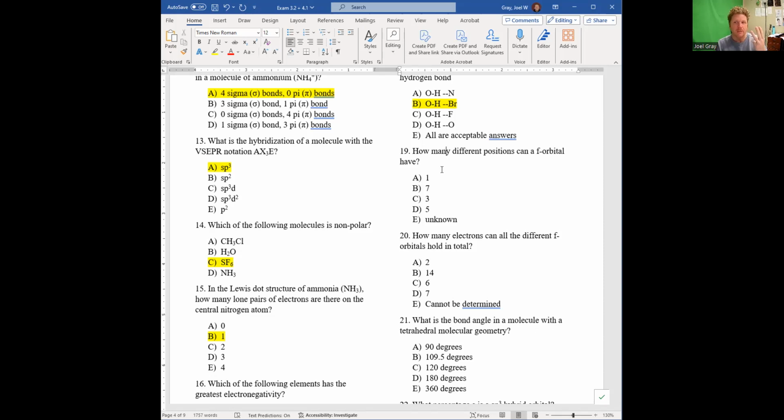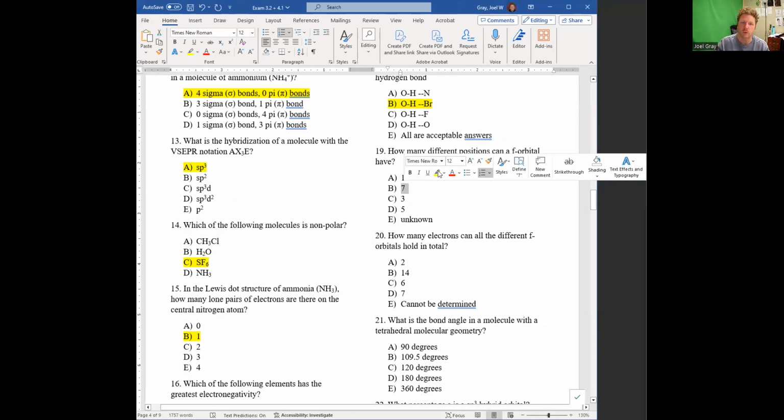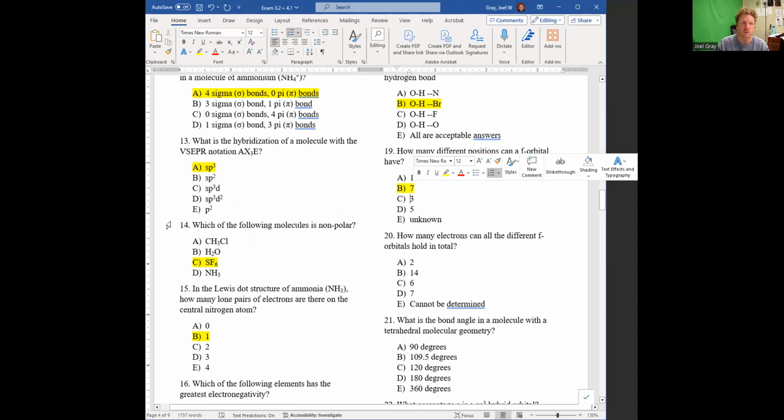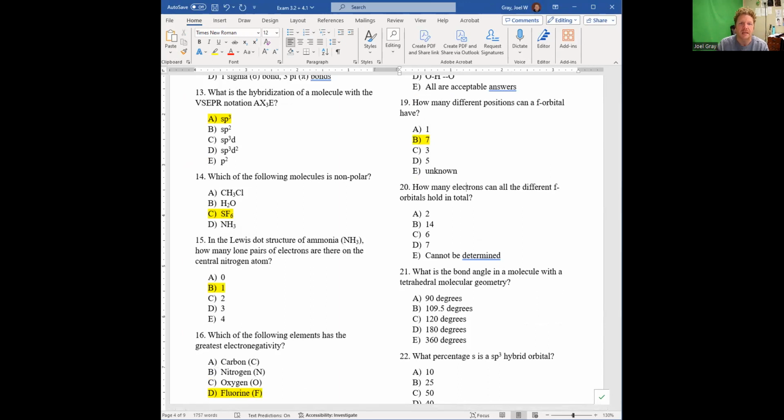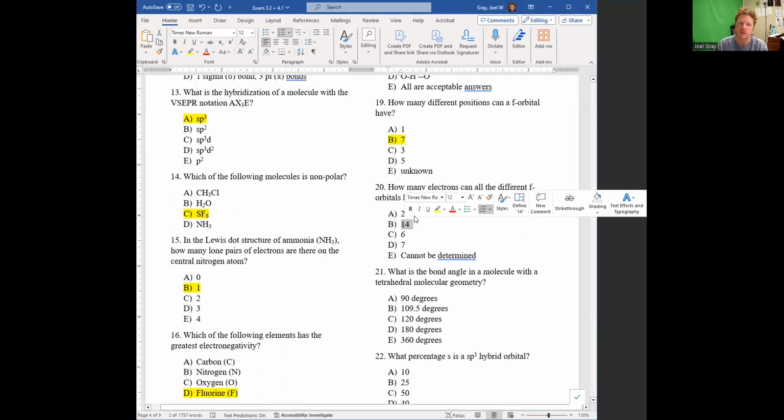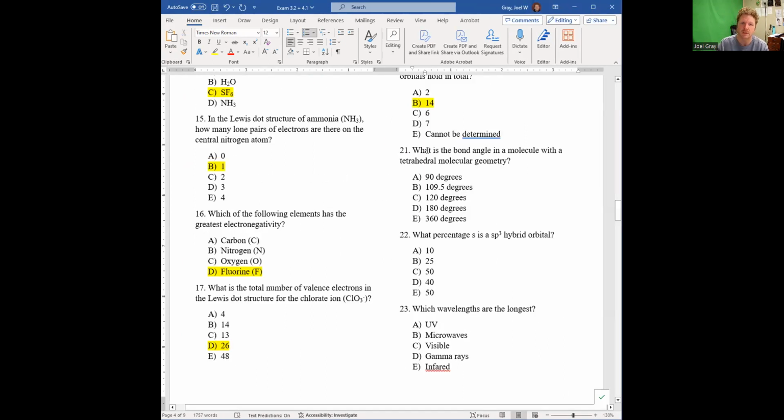So that means your M sub L value, the possible different positions could be +3, +2, +1, 0, -1, -2, -3. So there's a total of 7 different positions that an f orbital can have. So B, 7 is the correct answer. Now, how many electrons can all the different f orbitals hold? Well, there's 7 different positions. Each orbital can hold 2 electrons. So B, 14 is the correct answer.